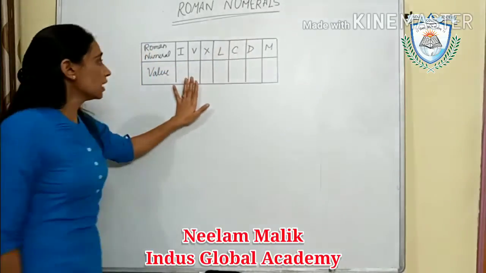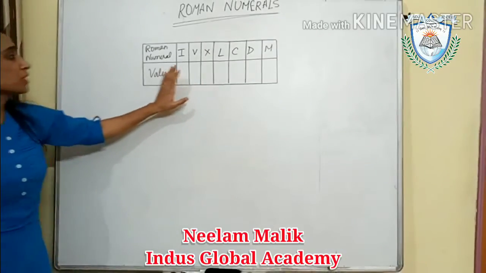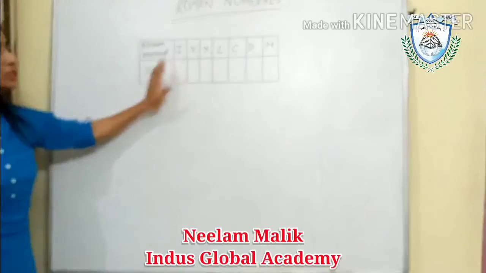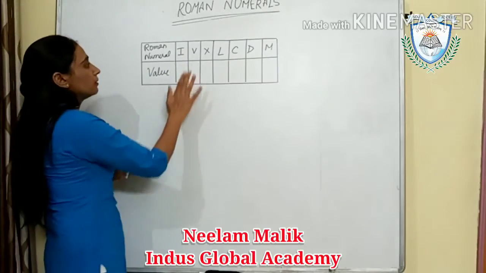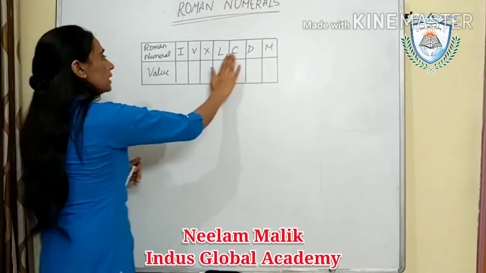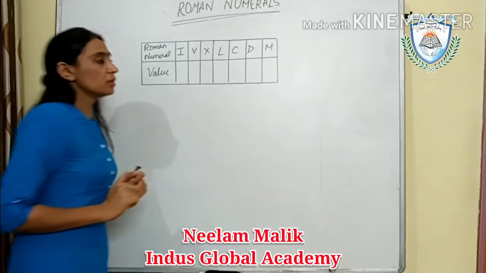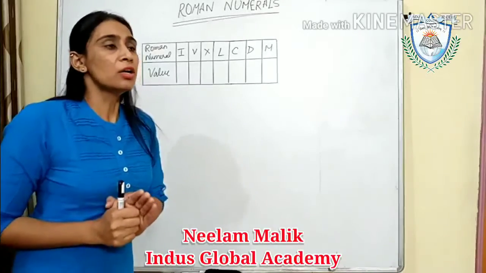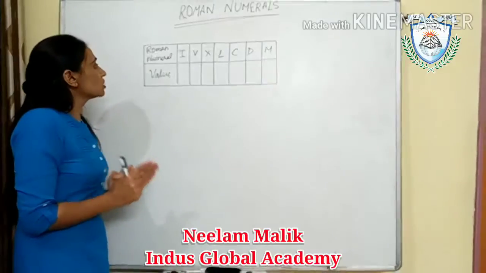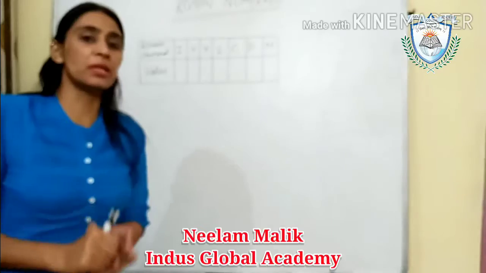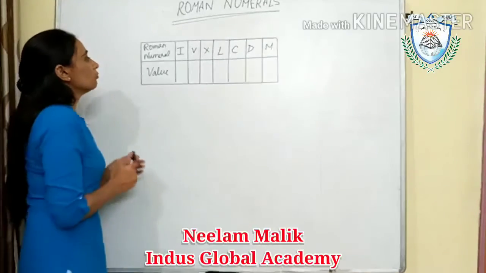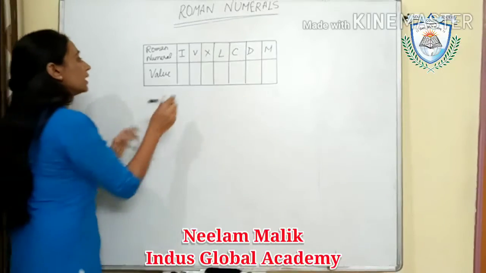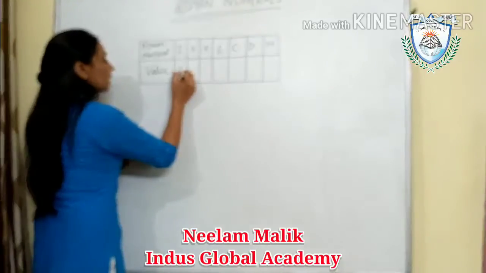Roman numerals. Here I will first tell you what letters we will use. The first one is I, then V, X, L, C, D, M. These are the 7 letters that we will use in the Roman system to form all the numbers. So what do we mean by I? The value of I is 1.